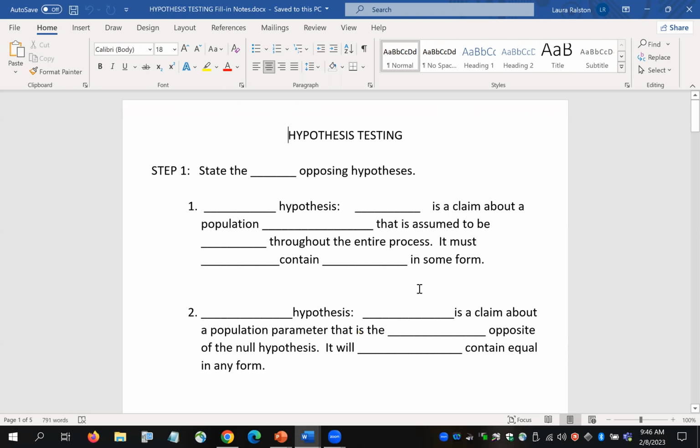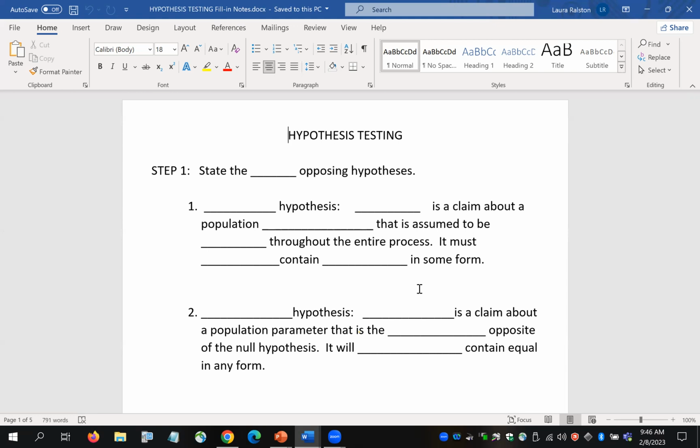And so what I want to do, at least initially, is walk through the steps. And the steps honestly do not change from problem to problem. The piece that does change is what test statistic do we calculate? And that's based on the information that we have in the problem or the type of data we have.